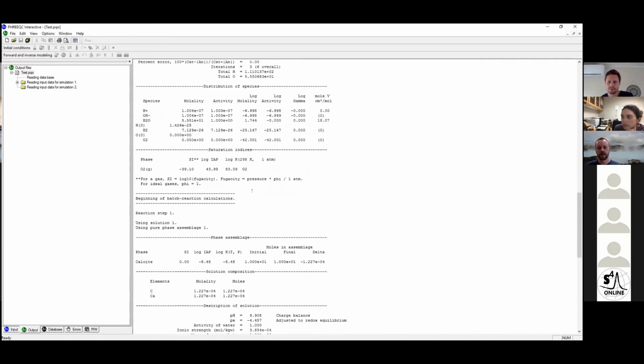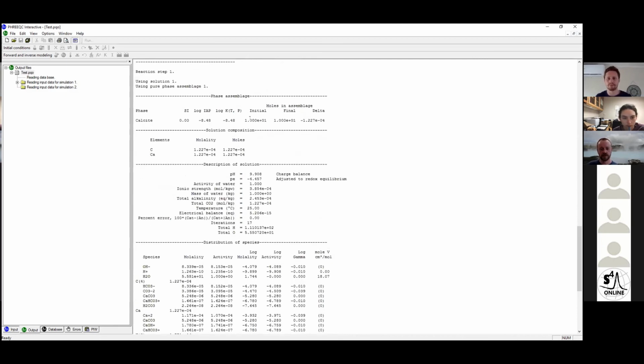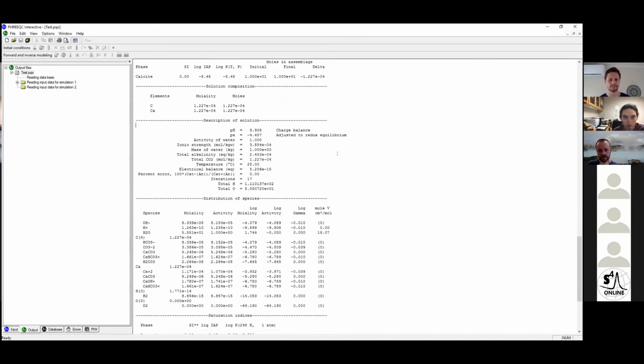Yeah, so initially it just read in the script. It said, okay, I've got pure water, and then it starts the reactions. Okay, so now it's saying, okay, I'm reacting it with calcite, and I've got carbon as well. So there's the carbon. It's still finding electrical neutrality, so that's good. So it's adjusting the charge balance, and interestingly, the PE is driving negative.